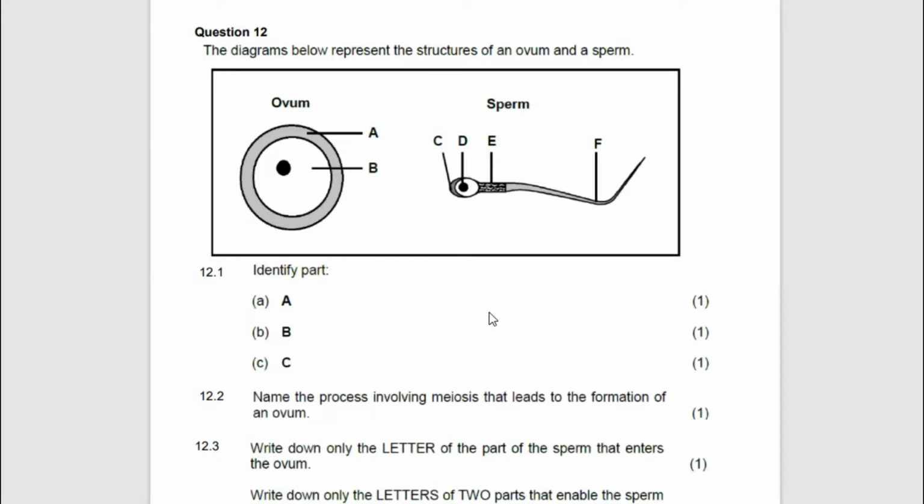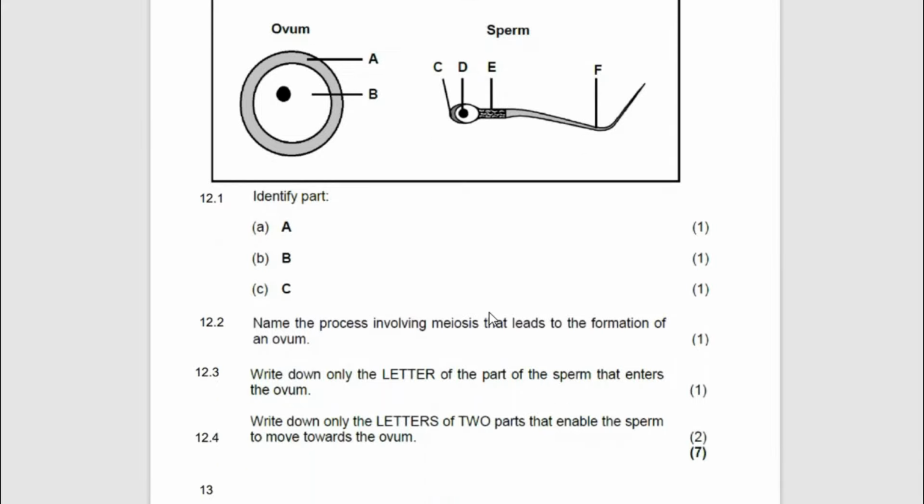So identify part A. They have said it. Gel-like layer. Part B, cytoplasm. Part C, acrosome. You have to know the function of each. Name the process involving meiosis that leads to formation of the ovum. You see, now they want formation or production of the ovum.